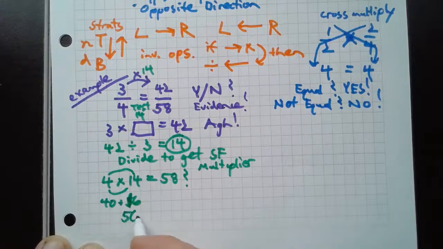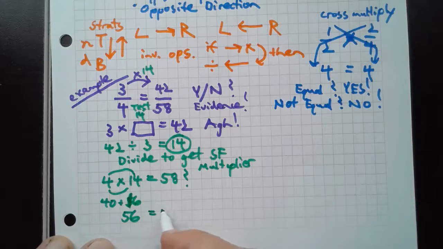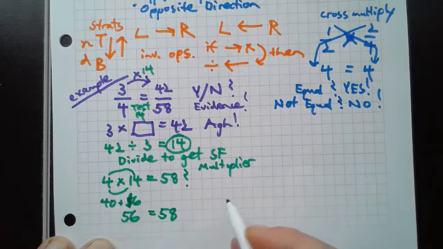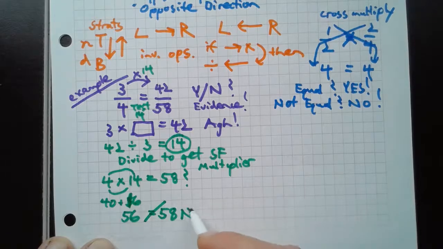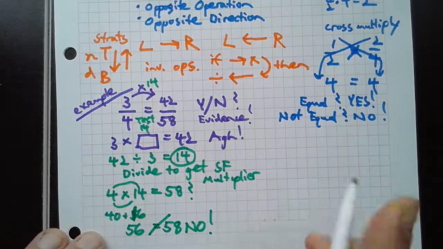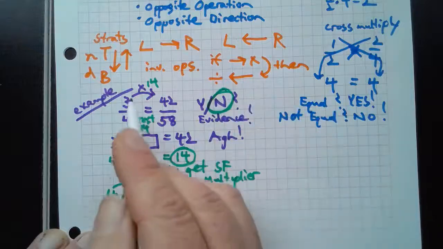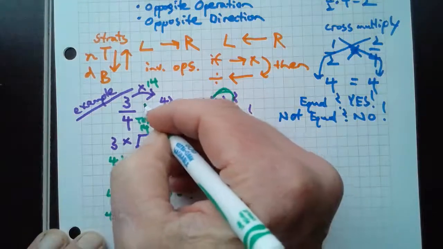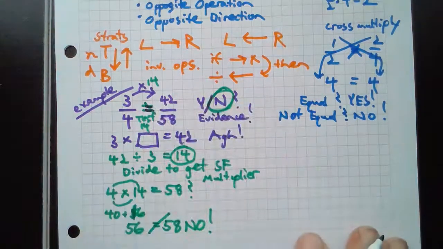When we add them, we get 56. Question, does 56 equal 58? No, but more importantly, 3/4 does not equal 42/58.